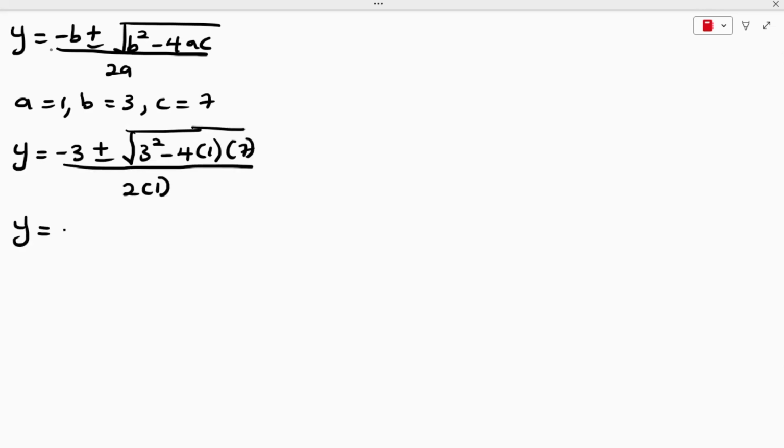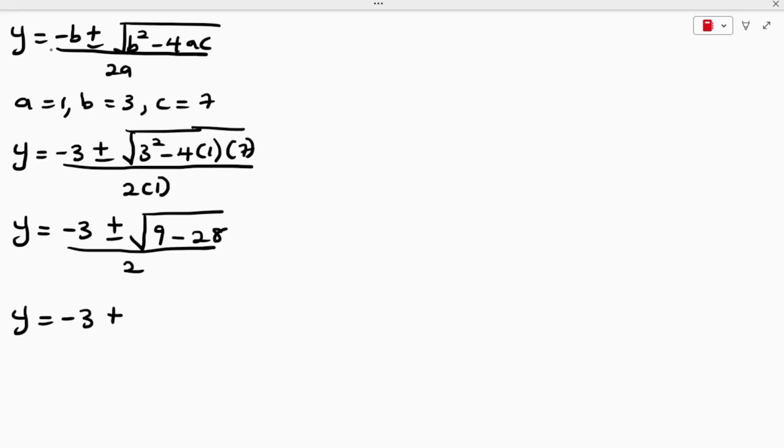And we have that y is equal to minus 3 plus or minus the square root of 3 squared is 9, minus 4 times 1 is minus 4, minus 4 times 7 is going to give us minus 28, over 2. So we have that y is equal to minus 3 plus or minus the square root of 9 minus 28, which is going to give us minus 19, over 2.